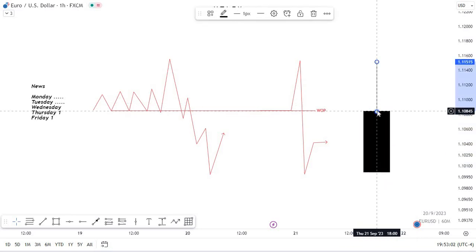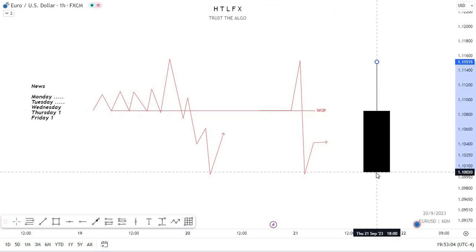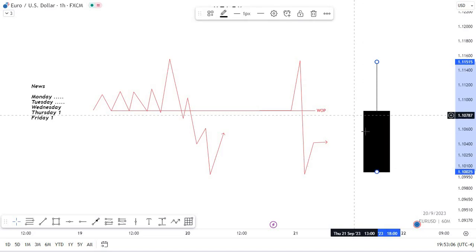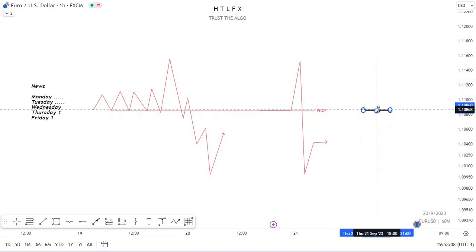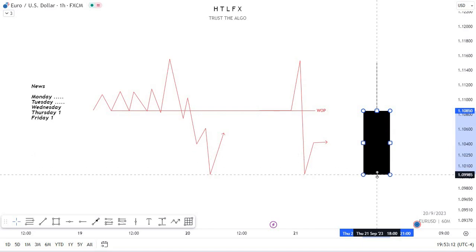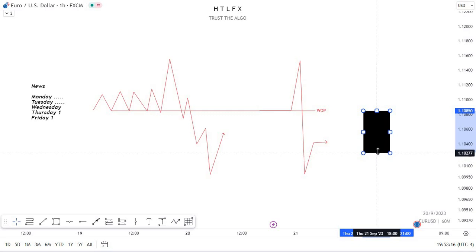So now, okay, expand. By the way, this move from the week open below, we call the expansion. Then here we reach the PD array, and we go back into the range.